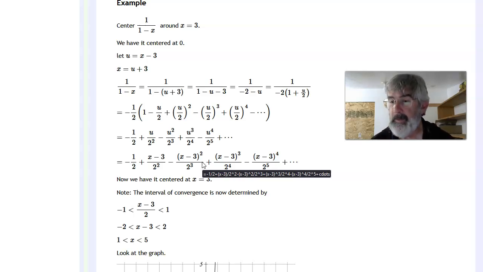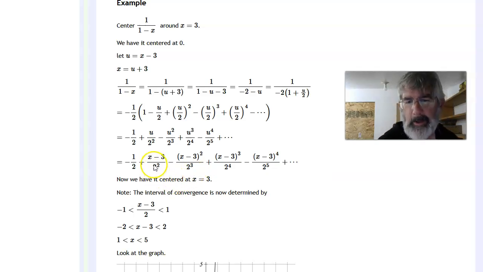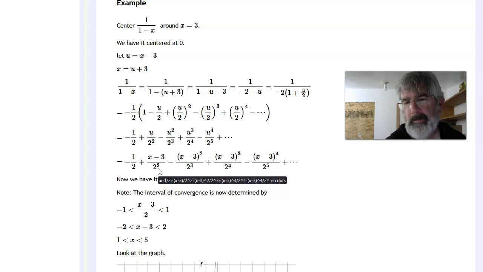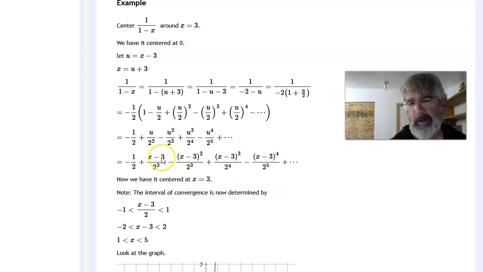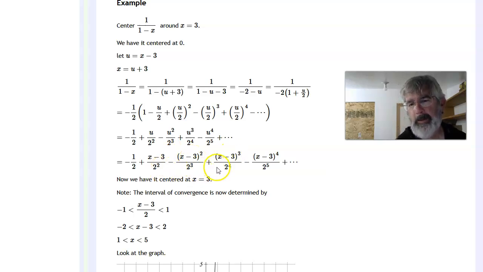The interval of convergence now, though, has changed, because what's the multiplier going from each term to the next? There's a denominator in here, this 2 to the second, 2 cubed, 2 to the fourth. So not only is the numerator getting multiplied by x minus 3 each time, the denominator is being multiplied by 2.